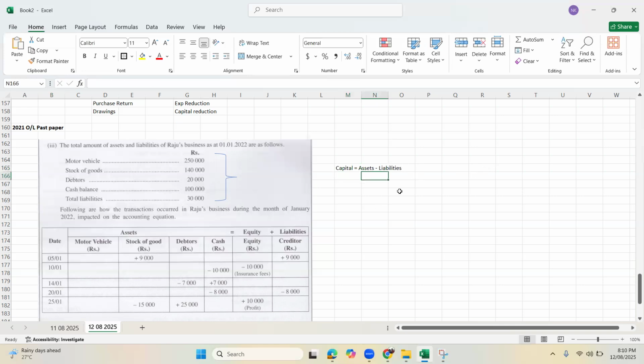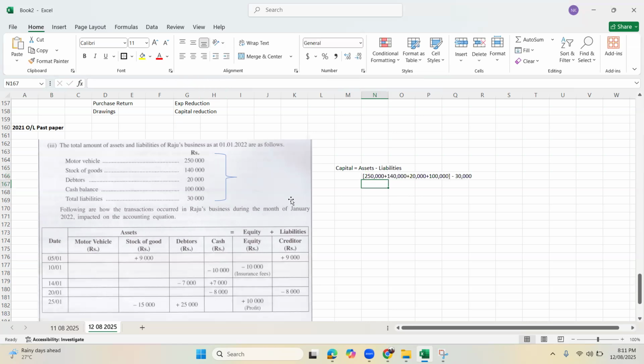We'll take the total of the assets. What are the assets? Motor vehicle 250,000, see whether I'm correct, plus stocks 140,000, plus debtors 20,000, plus cash balance 100,000. Those are the asset values minus the liability. We have only one liability, that is 30,000.